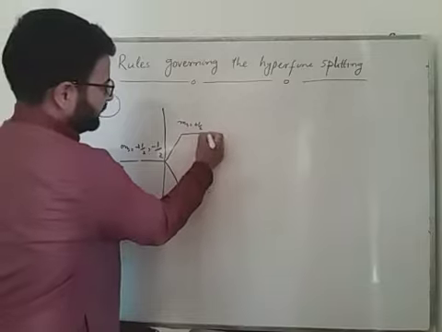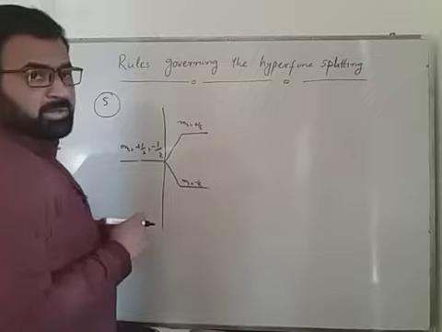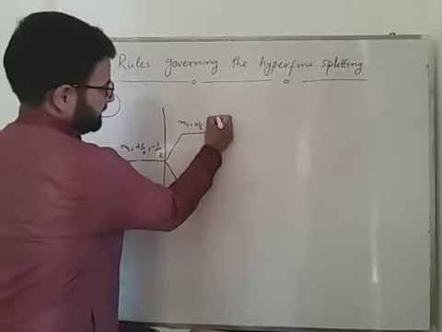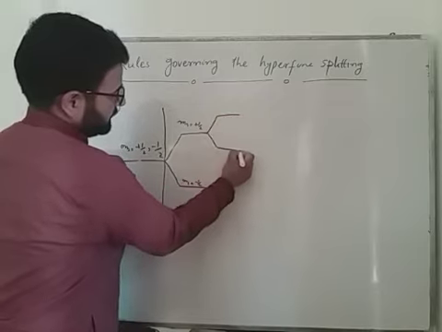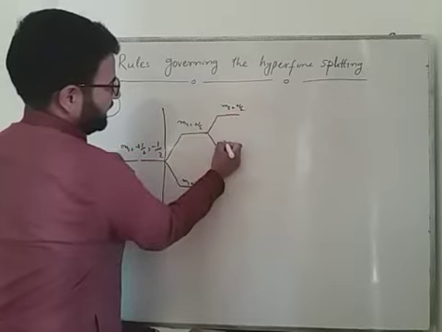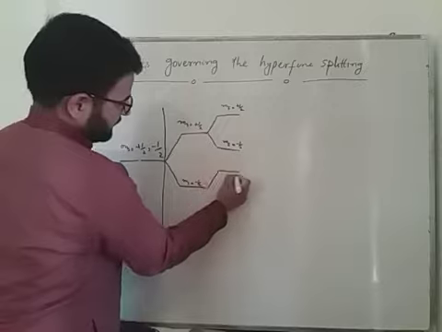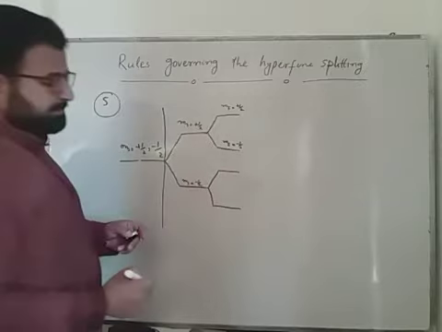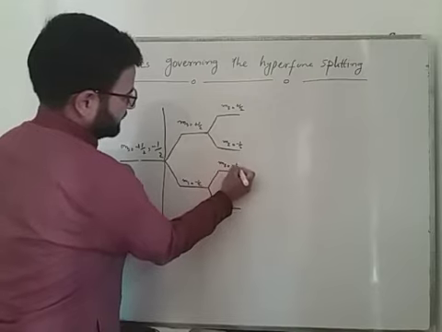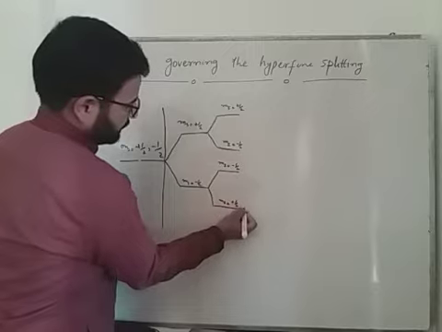So now if a nucleus of nuclear spin 1/2 comes in its vicinity, what will happen? It will split into two lines. One will be mI equal to plus 1/2, another mI equal to minus 1/2, and similarly this one will also split into two lines, giving mI equal to minus 1/2 and mI equal to plus 1/2. Okay.